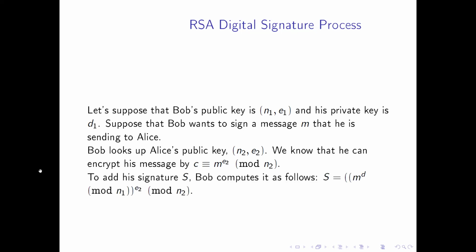The other thing he needs to do is add his signature, which is this ugly, nasty process right here. So he's going to send S. I'm going to rewrite this down here. Essentially, he's going to take his message and raise it to his power, mod his. So this is Bob's mod, and this is Bob's private key.